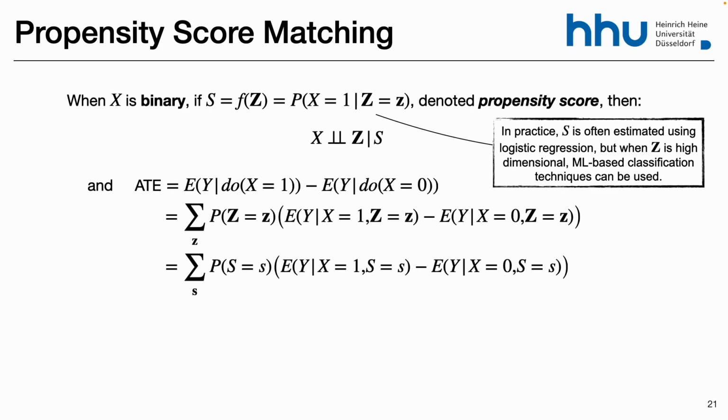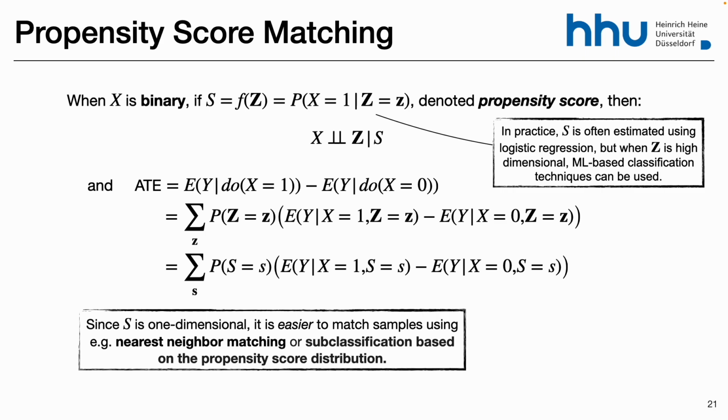So basically you just rephrase the adjustment. Instead of adjusting over Z and computing the difference, we are going to adjust over S and compute the difference. S is one-dimensional, so it's much easier to match now. You can match by using nearest neighbor matching or subclassification. Now you have the propensity score distribution.